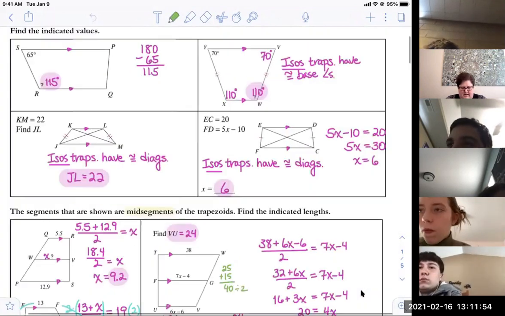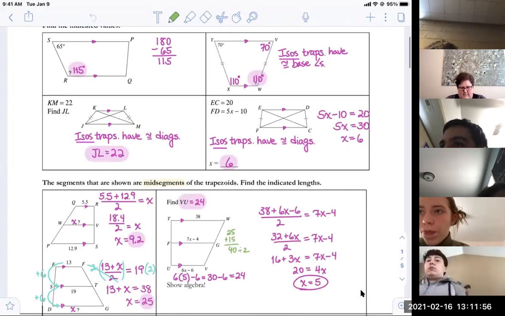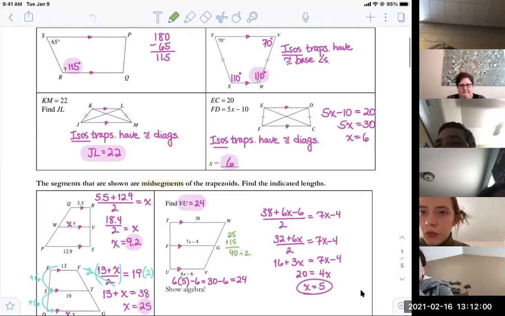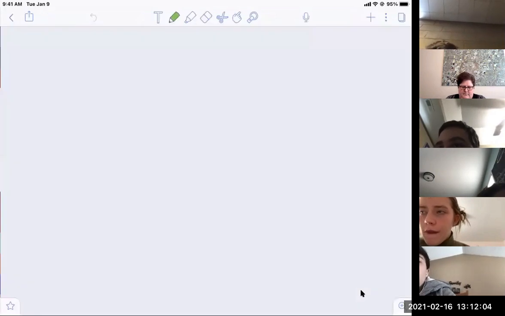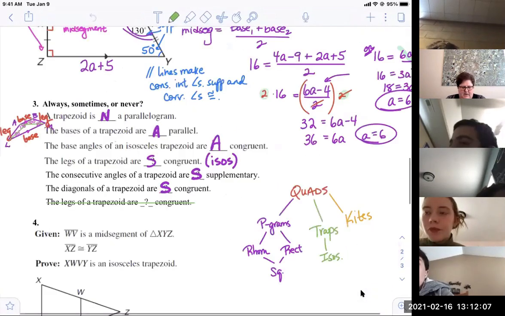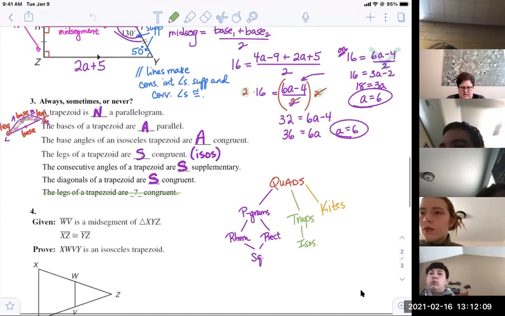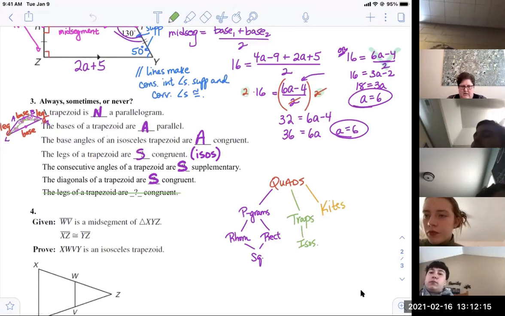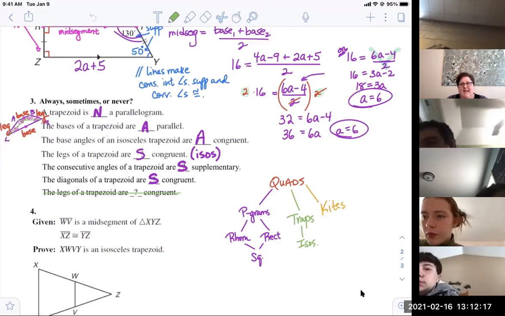Okay, so we've got. Wait, can you go back to the notes real quick? What did you need to see, Blair? Let me just take a screenshot real quick. Okay, thank you. Part of my homework isn't showing up.